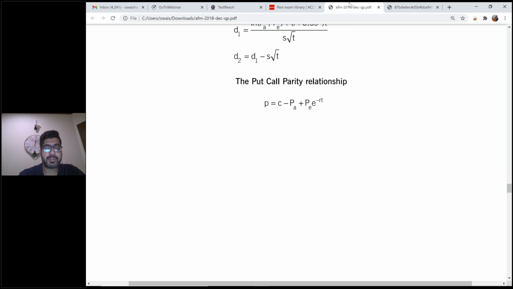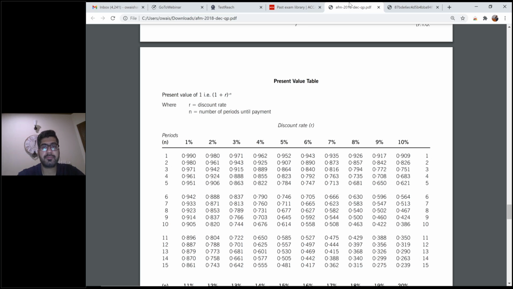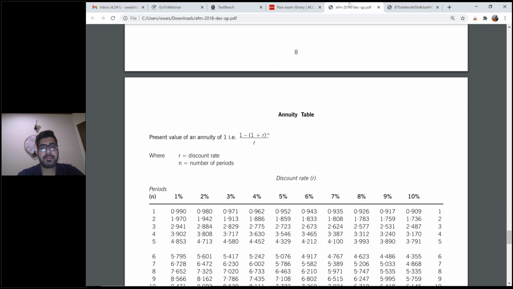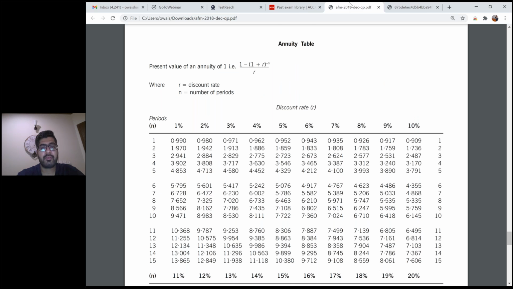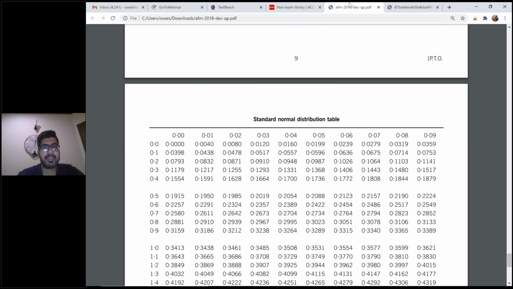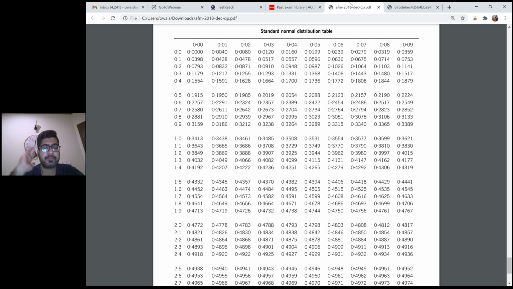This is a real exam question. You are firstly provided with present value tables, then annuity tables, and then standard normal distribution tables. So to find N(D1) and N(D2), you need to refer to the standard normal distribution table.